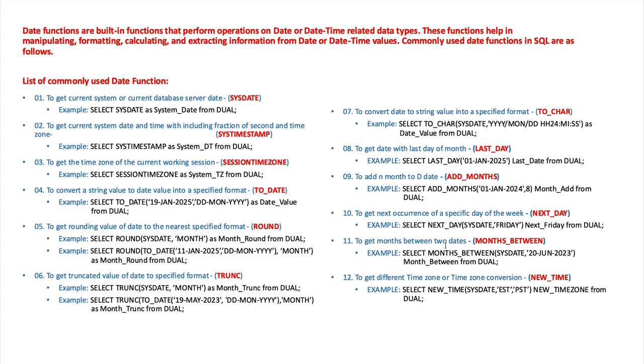To get the months between two dates, we use months_between. 12th one is to get a different time zone, or time zone conversion, we use new_time that will convert the time zone. We have an example here.